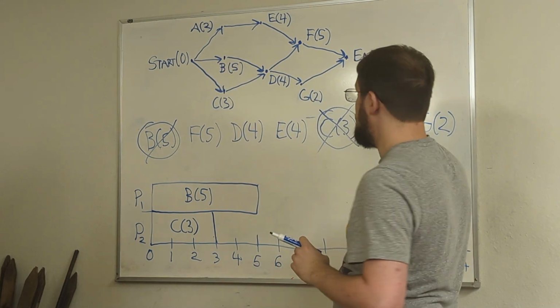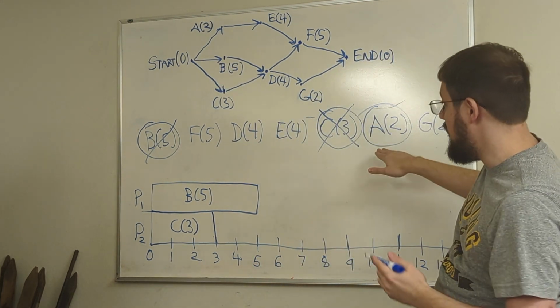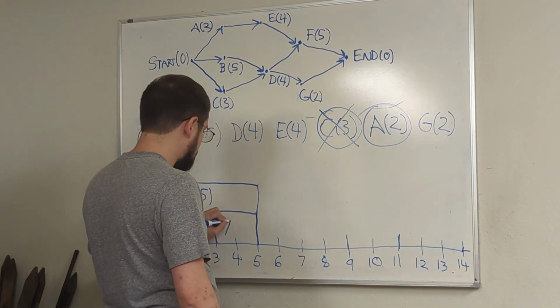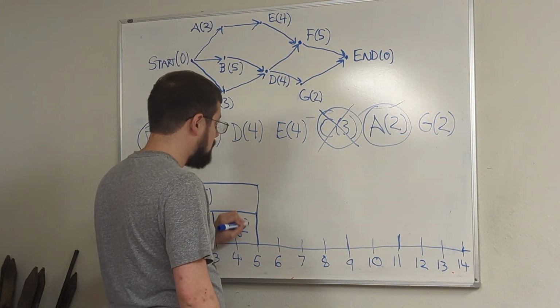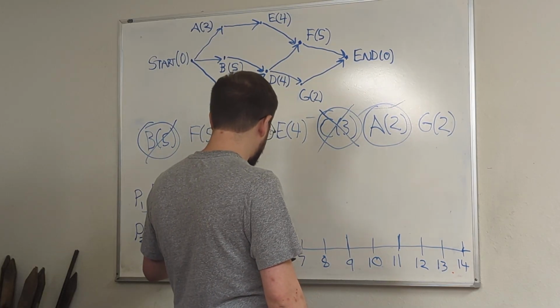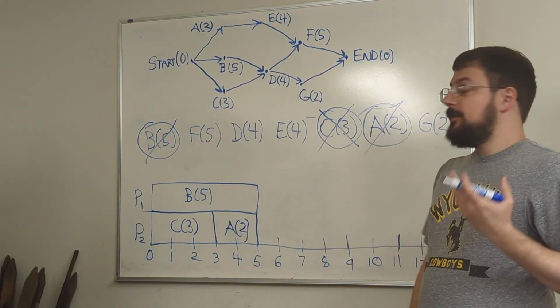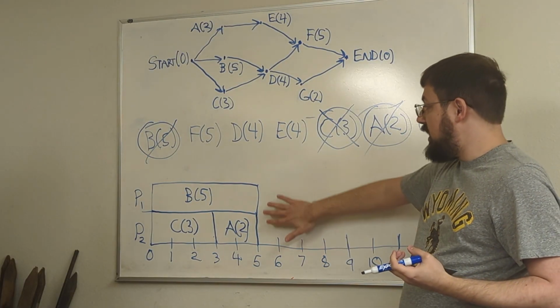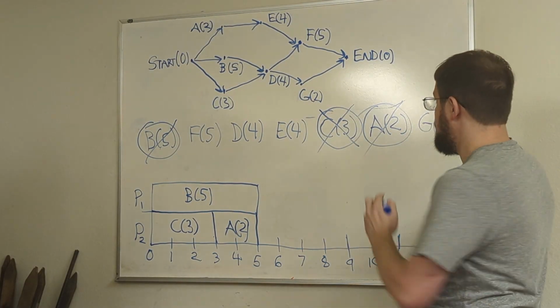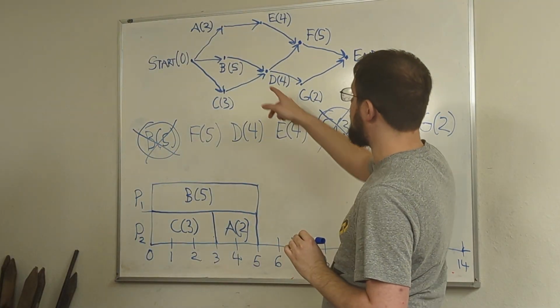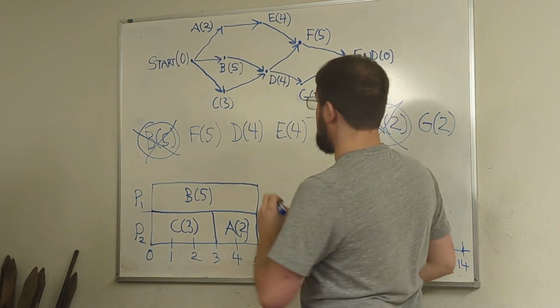So the next thing that we have that's ready is actually going to be A. So we are going to do A next. And then if we look at our schedule, the next thing that happens is A and B finish up at the same time. So once we finish these two, that's going to open up both D and E.